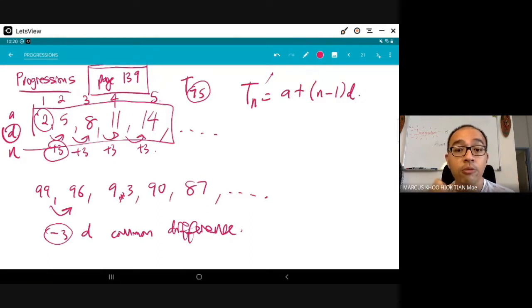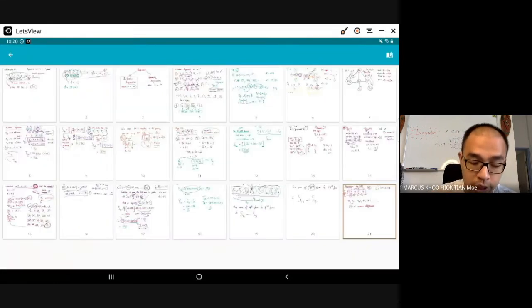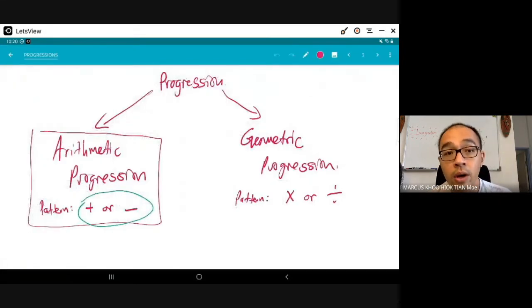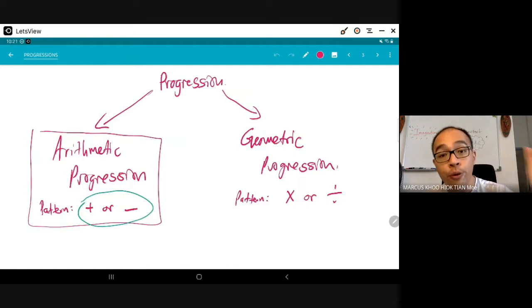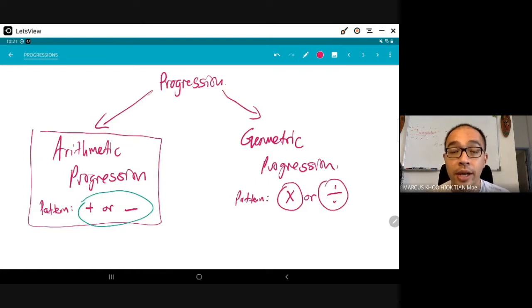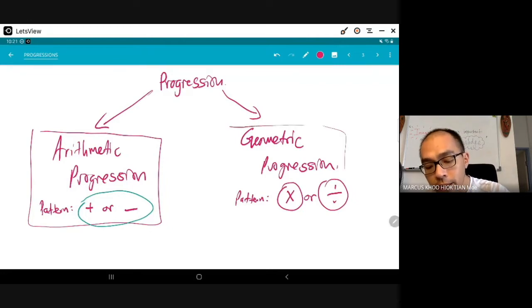But right now, I want to move on to the second type of progression. Very early on, I taught you that the plus or minus pattern is called the arithmetic progression, which we saw over here. But if your progression uses a times or divide operation, then we call this a geometric progression.